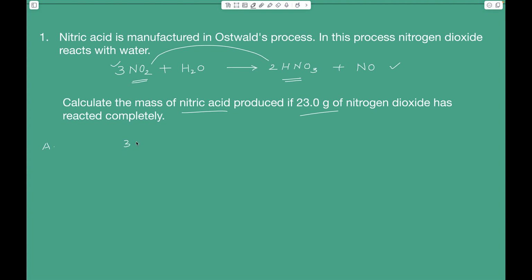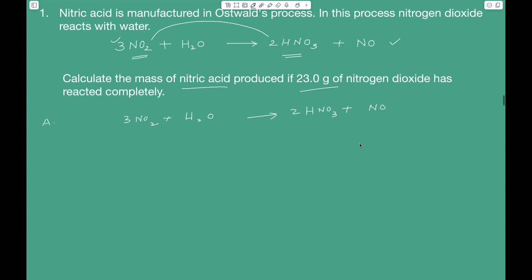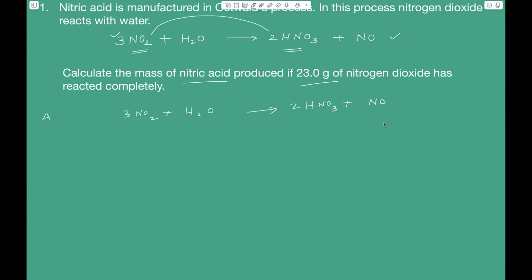Now let us write down that equation again. 3NO2 plus H2O produce 2HNO3 plus NO. Now let us write the molar interpretation. If you want, you can write the molar interpretation for all the reactants and products. Nothing wrong in it.